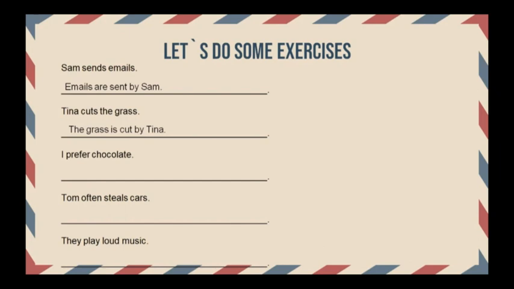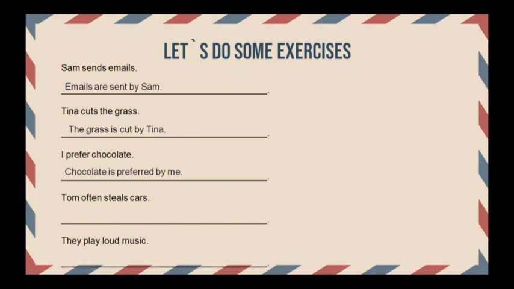I prefer chocolate. I is a subject, prefer is verb, chocolate is an object. Okay, so the passive will be chocolate is preferred by me. Excellent.